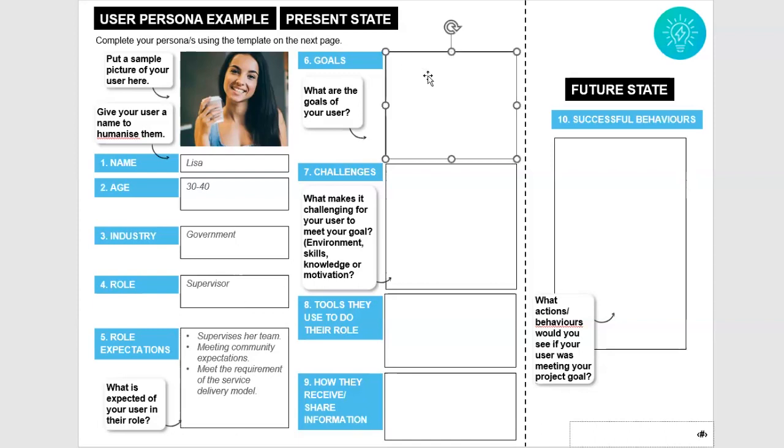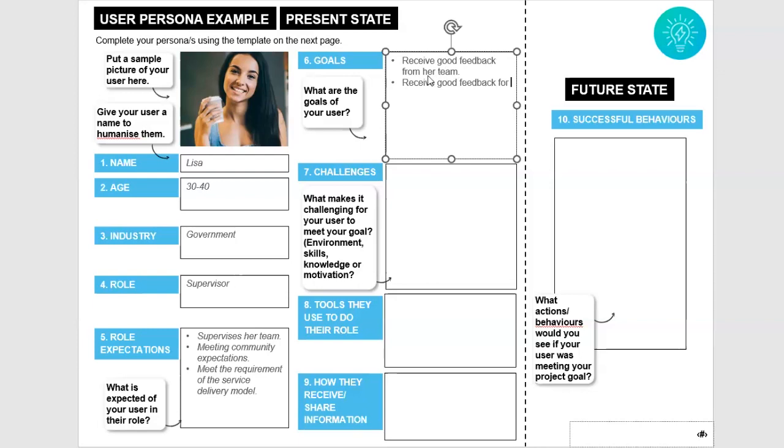The next part is goals. So what are the goals of your user? And goals is not just goals in their role. It could be their personal goals as well when they're at work. So for example, it could be Lisa wants to receive good feedback from her team. So she wants to be liked by her team. She may also want to receive good feedback from her leader.